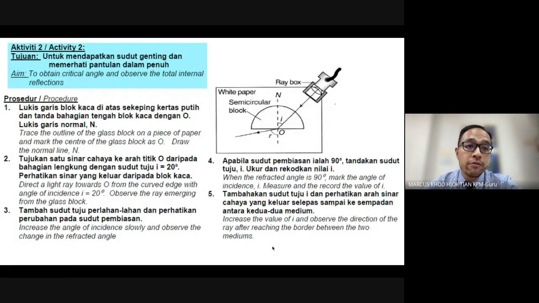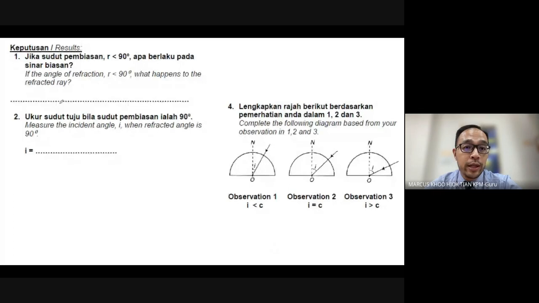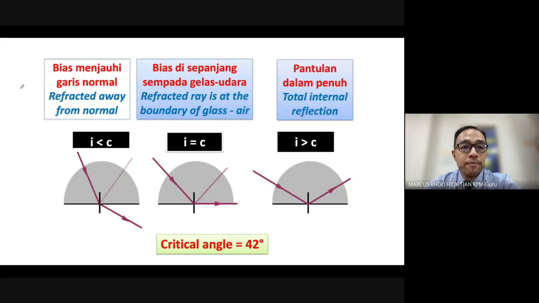Maybe bring back the notes for our class so that we can answer this together. For example, I is the incident angle. If the incident angle is less than C, the critical angle, for example if the critical angle is 42, and let's say this angle over here is 35. 35 is less than 42, so then refraction happens.